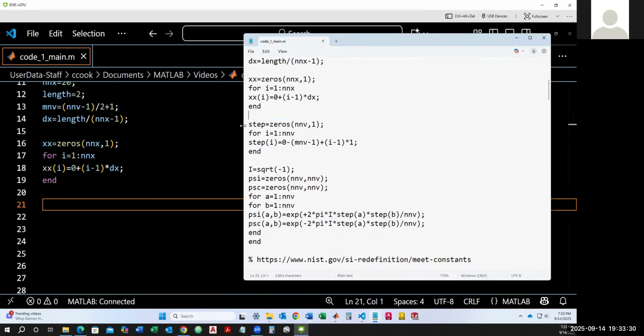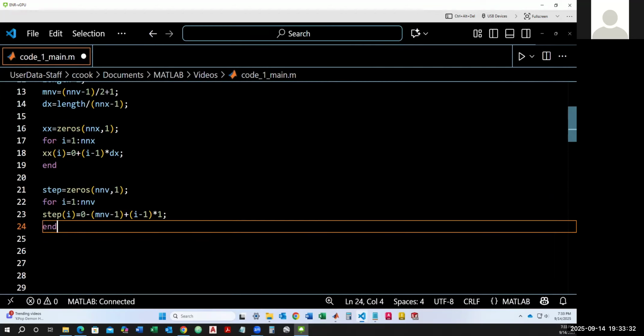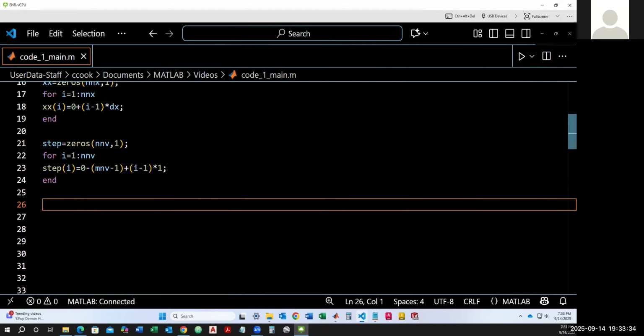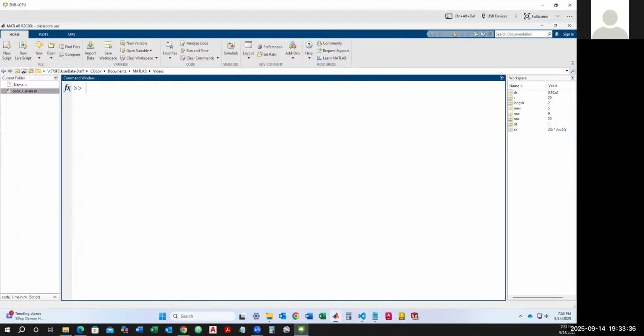We're going to create a stepping vector in a similar manner. So there's my stepping vector when I have 9 velocity nodes. The MNV will reproduce 0.